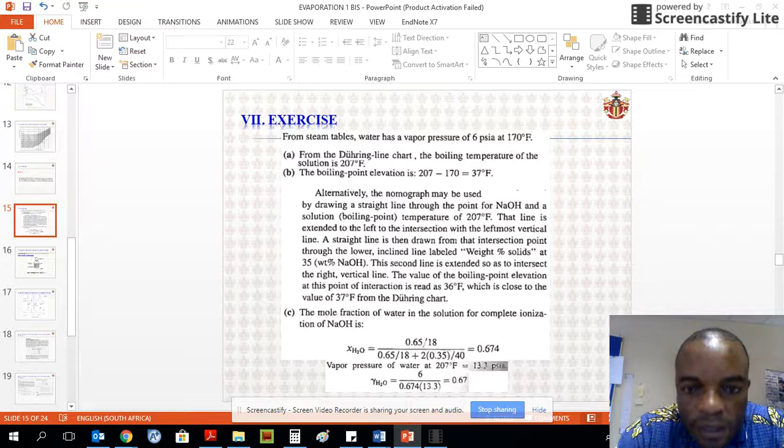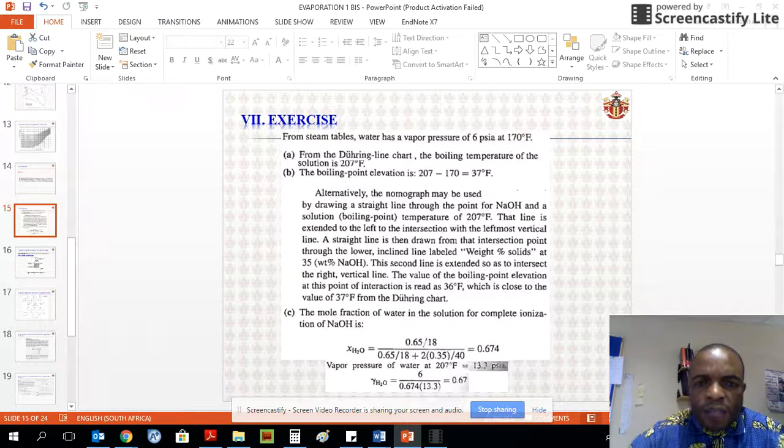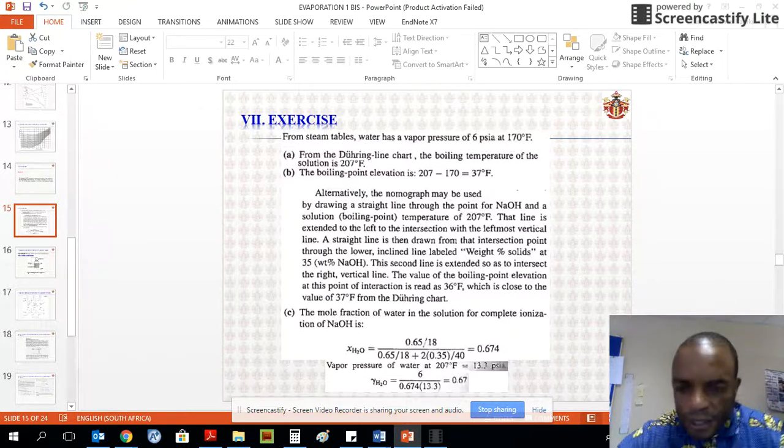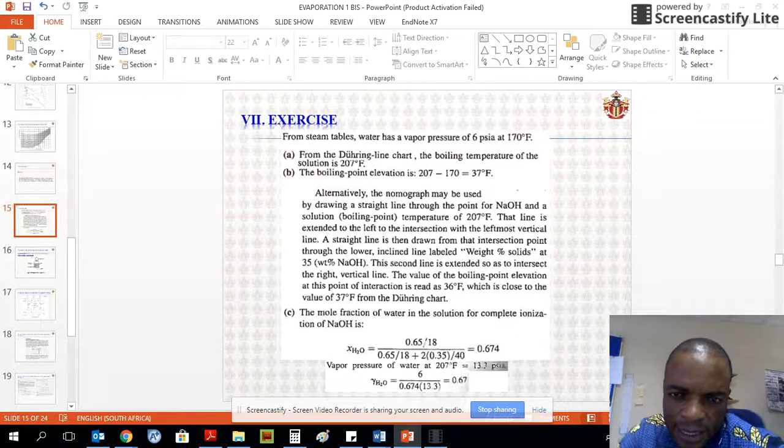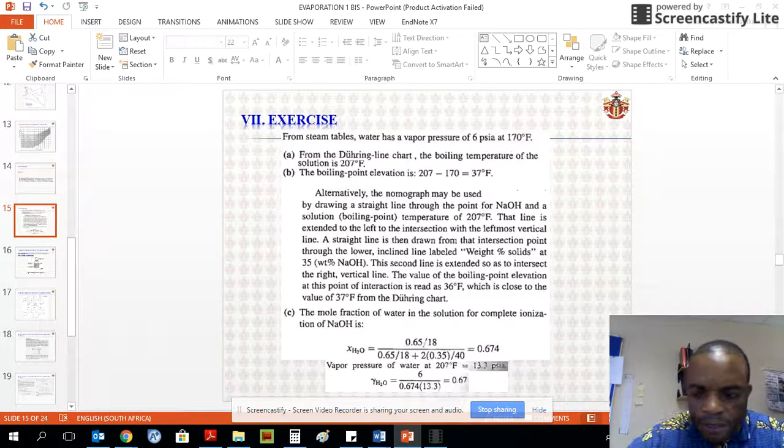Using the chart that we discussed previously, you'll be able to find out that the boiling temperature of the solution is 207 degrees Celsius, which gives you a boiling point elevation of 37 degrees Fahrenheit.